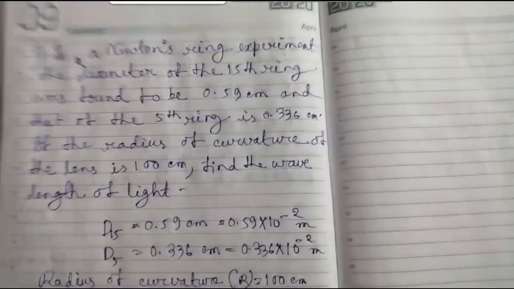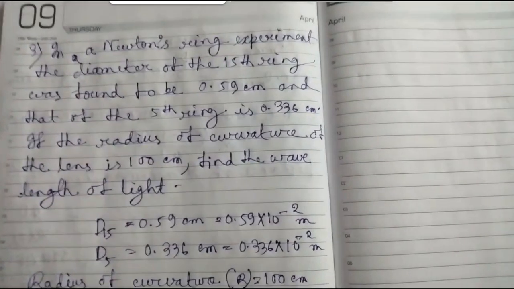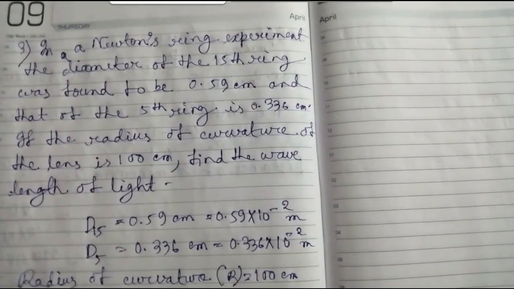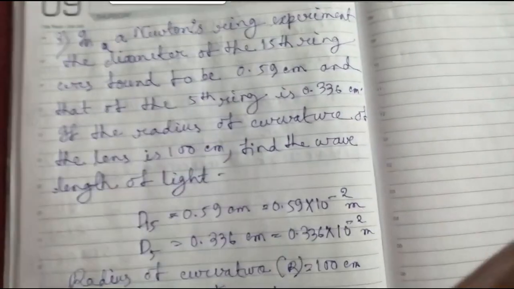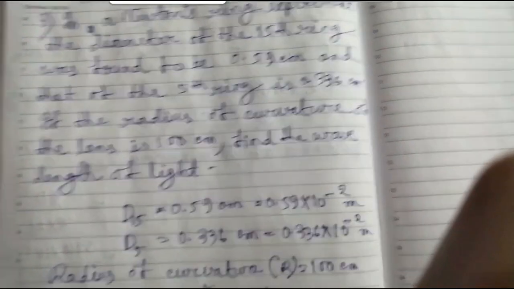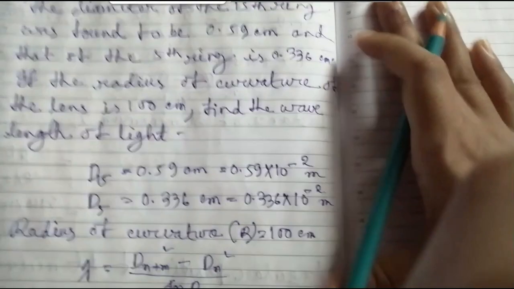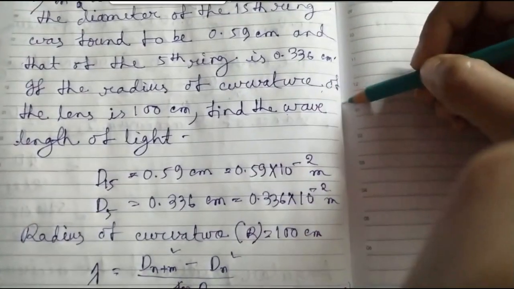Now next one is the Newton's ring experiment. The diameter of the 15th ring was found to be 0.59 centimeter and that of the 5th ring is 0.336 centimeter.